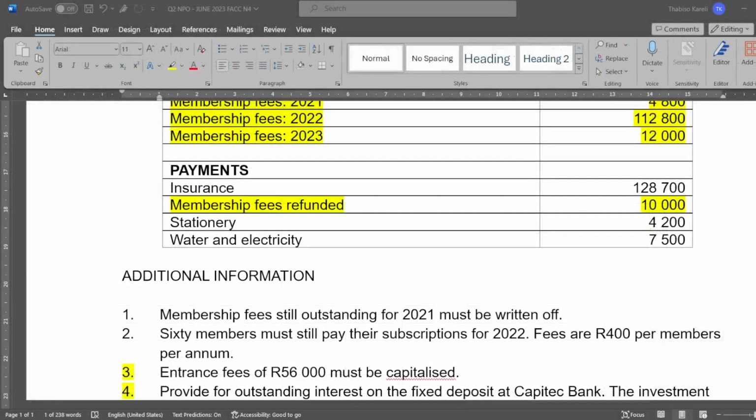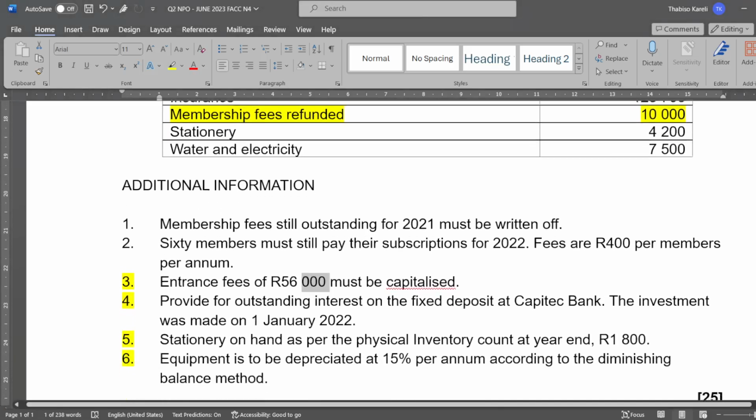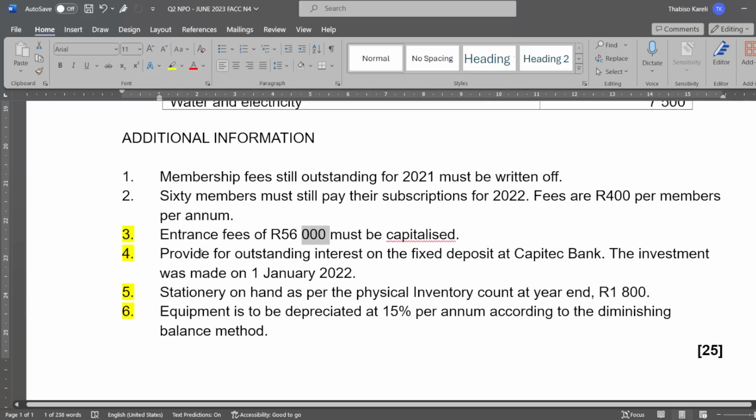the fourth additional information. On the fourth additional information, they are saying now, provide for outstanding interest on the fixed deposit at Capital Bank. The investment was made on the 1st of January. Now, if it was made on the 1st of January, it means we only had this interest for 2 months.